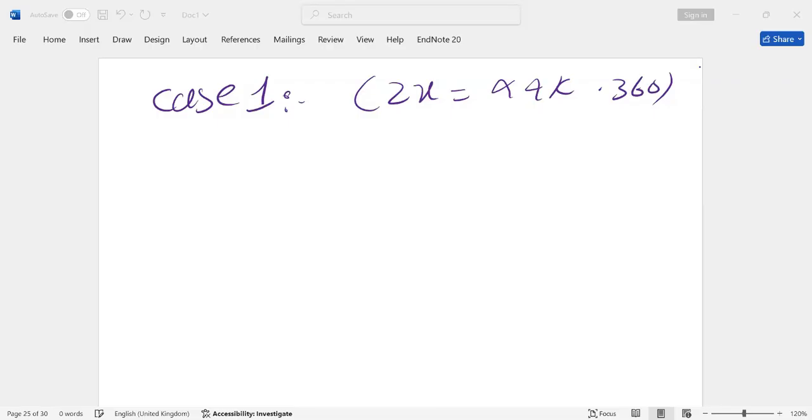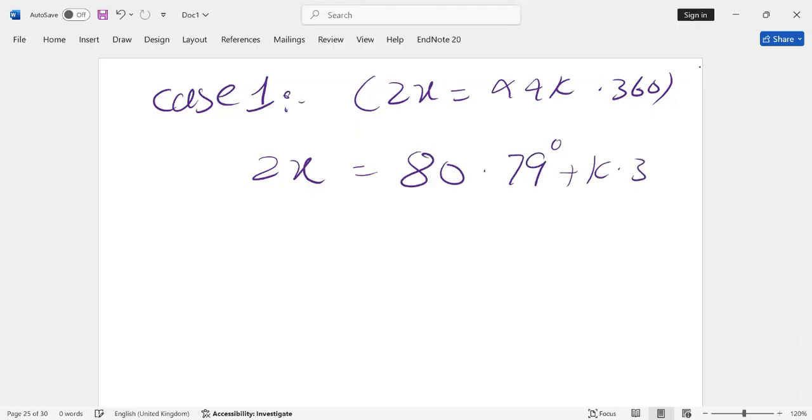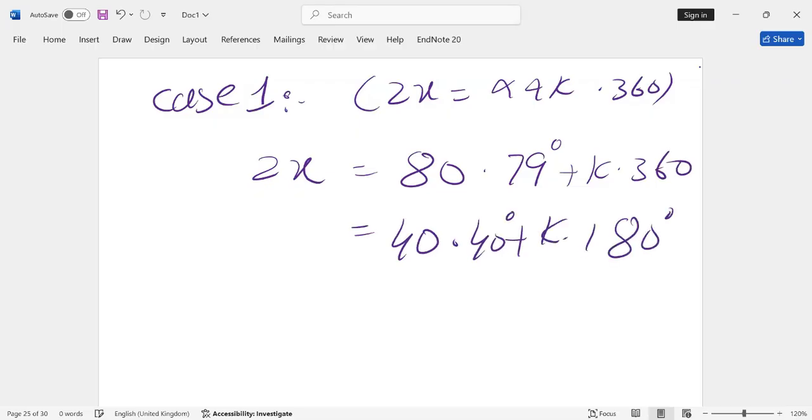So we have 2x equals 80.79 degrees plus k times 360, and that gives x equals 40.40 degrees plus k times 180 degrees.